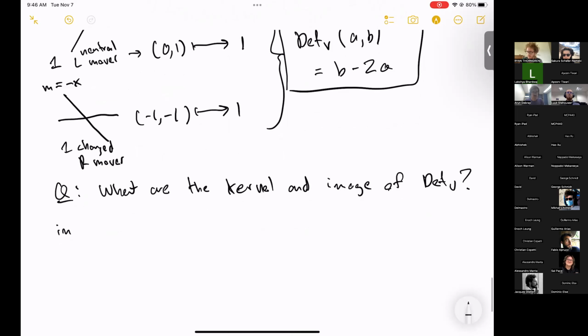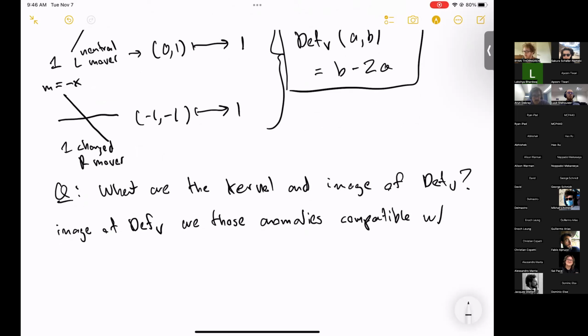So the image are those anomalies compatible with the existence of a local V defect.